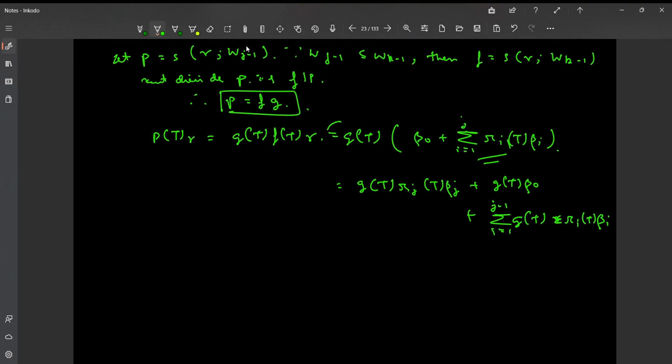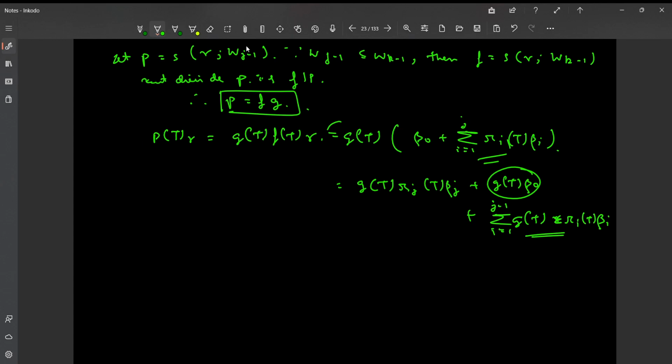Now observe that this is an element from Wj minus 1. Similarly, as we had said about something being an element of Wk minus 1, this part is an element of Wj minus 1. This part is also an element from Wj minus 1 because the subspace W naught is clearly in the sum of Wj minus 1, right?